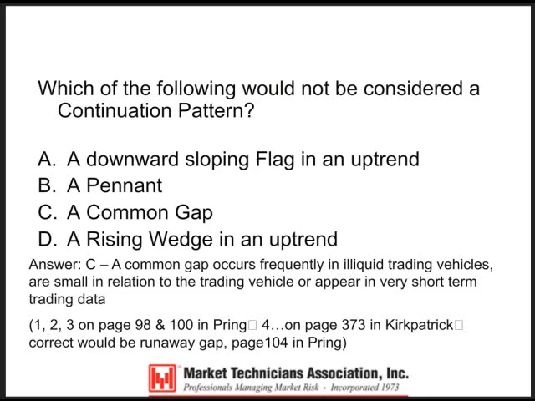When you're looking at something pretty illiquid, a very high-priced stock where it takes a significant amount of money to buy a round lot, it may trade pretty well over the course of a day, but has a gap of 4 or 5 minutes in the trading as they wait for orders to come in. That would be considered not a continuation pattern.